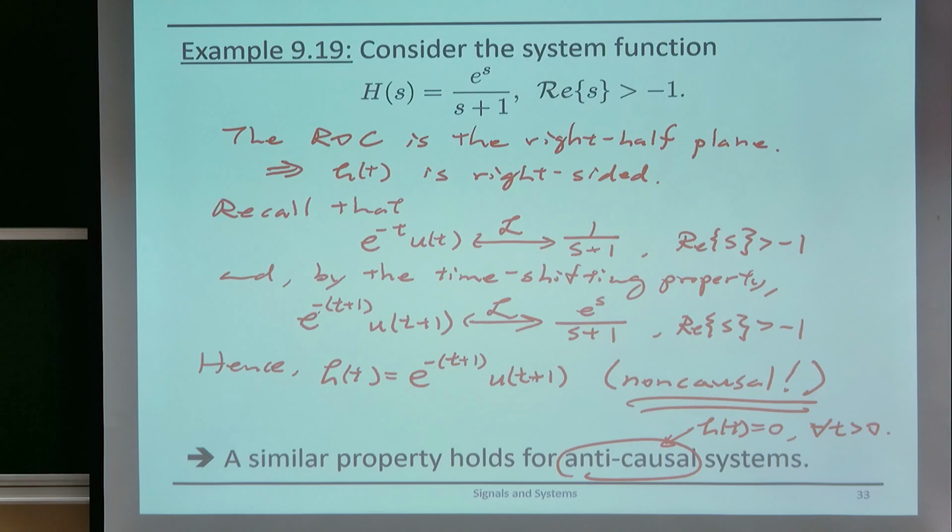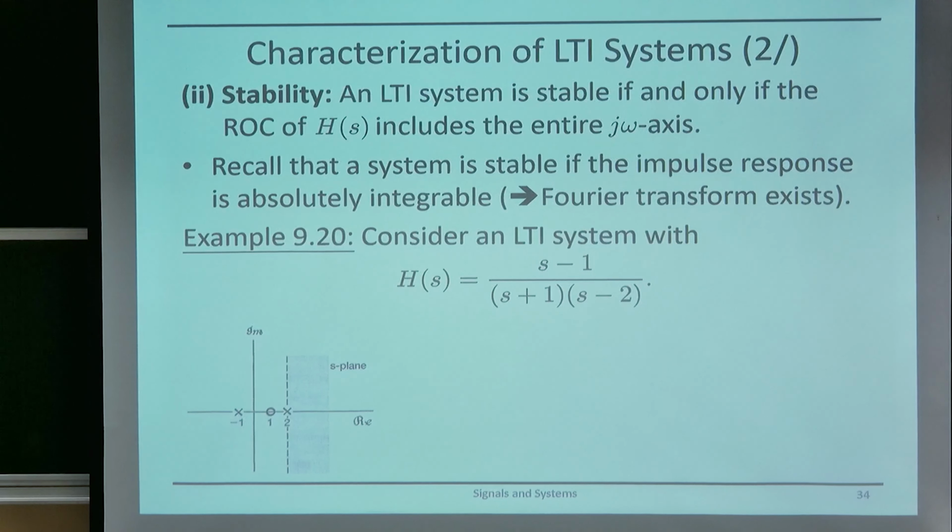Now, this causality is the first property here. The second property we cover is stability, okay? So we can infer that an LTI system is stable if and only if the region of convergence includes the entire j omega axis.